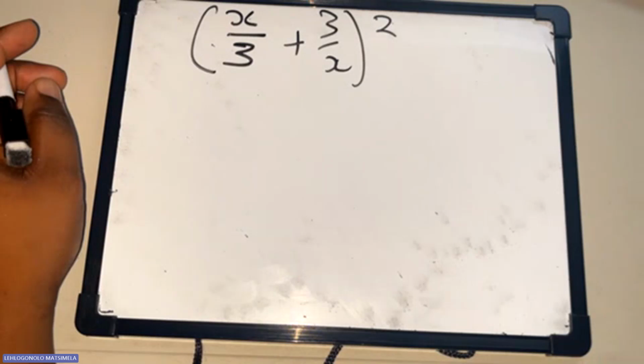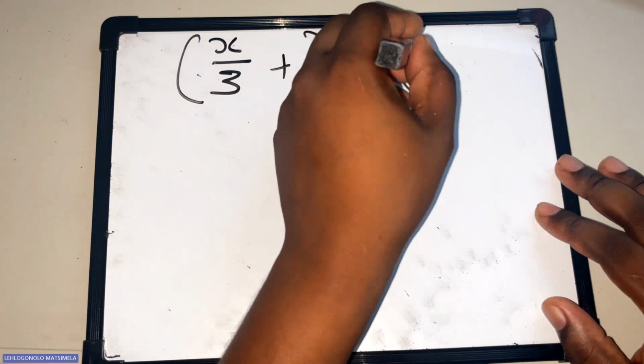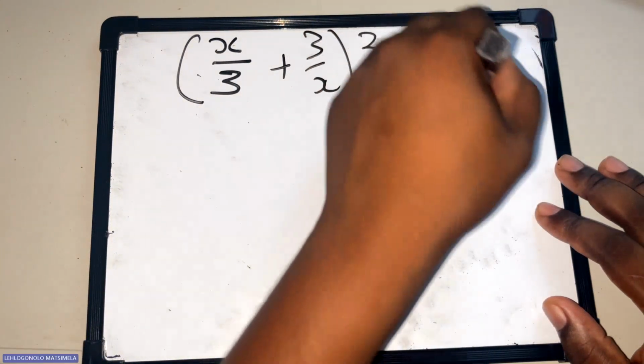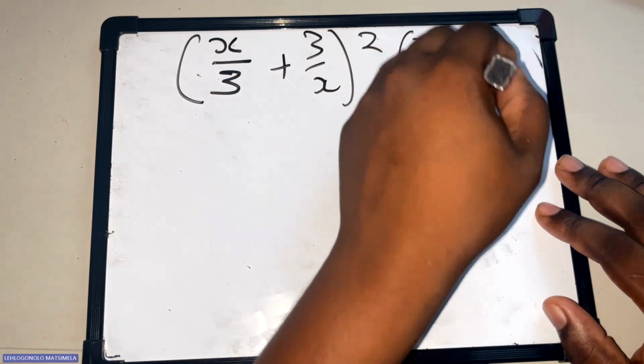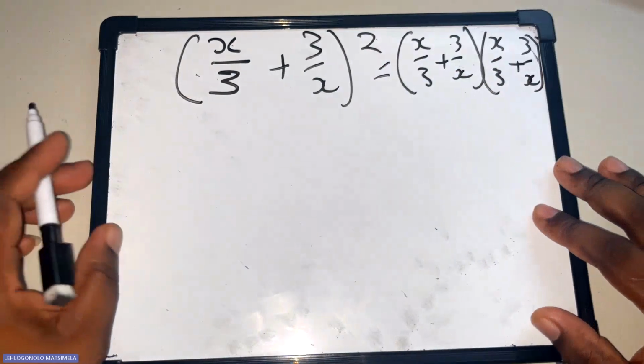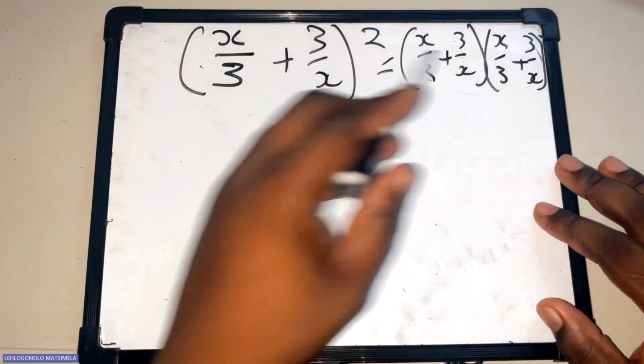Then the same thing, mathematics expand. We will have x over 3 plus 3 over x, part 1, part 2, x over 3 plus 3 over x. We have expanded. Then what do we do? Mathematics says this one times this one times that one.